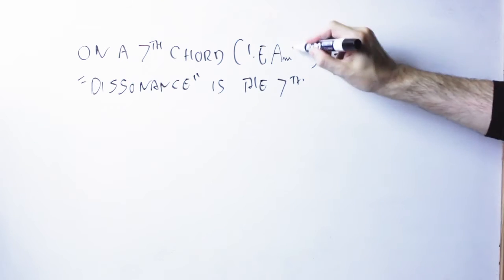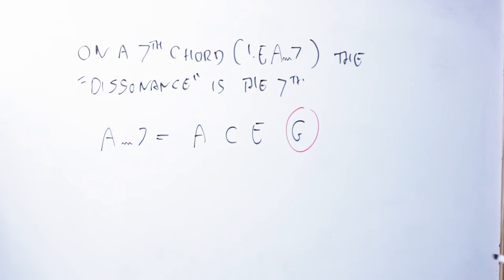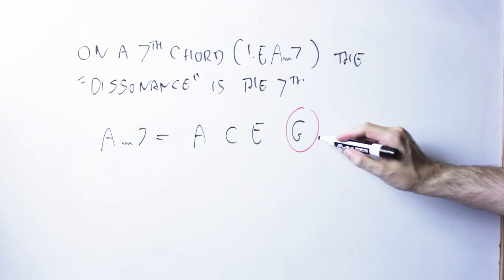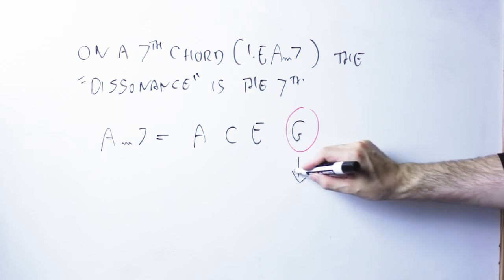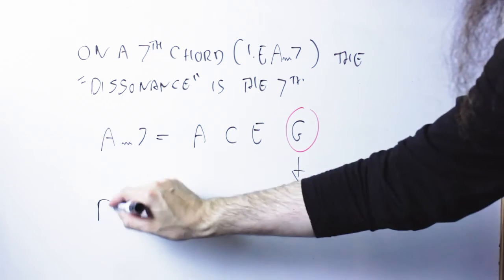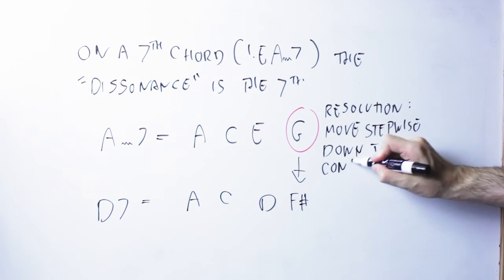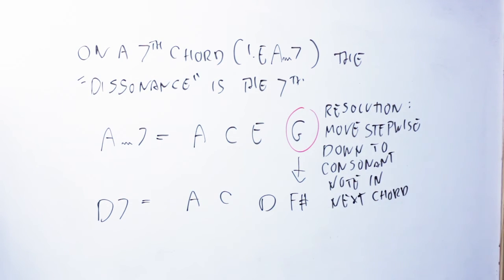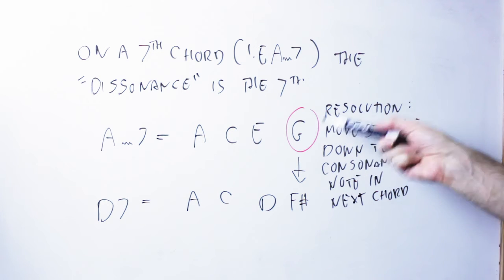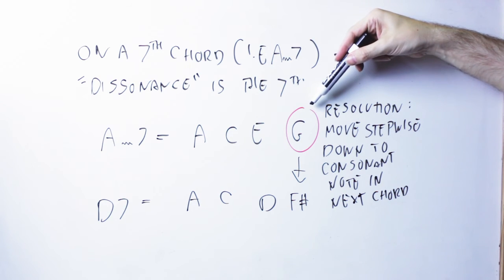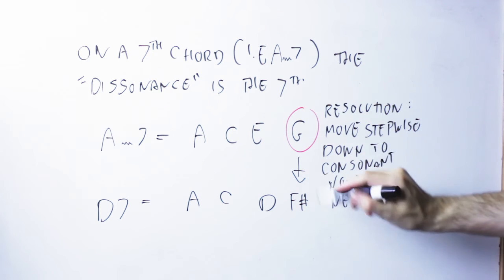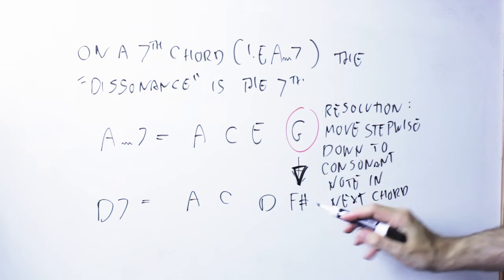So when I have this A minor seventh with a bass of G, the seventh in the chord is the G note, which moves down to an F sharp in the next chord, which is a D seventh, so the F sharp is the third, and so this takes the dissonant note, the seventh, moving down to a consonant note in the chord, which is the third.